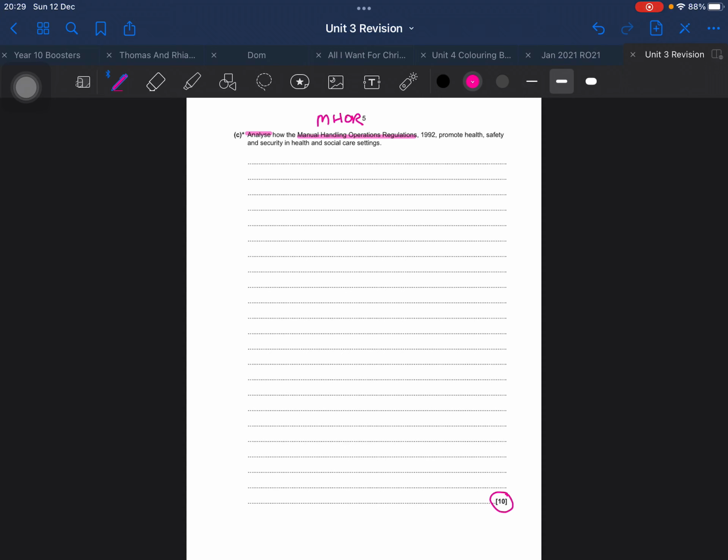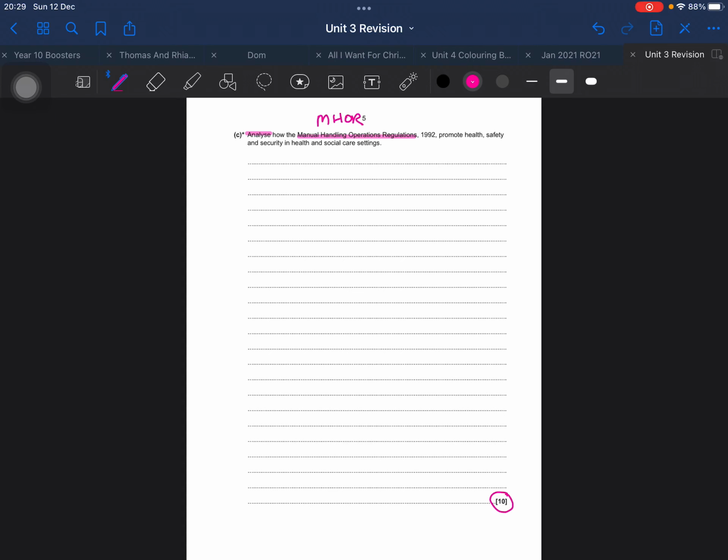So let's have a look at things that we could do, and you could actually put this from a positive or a negative aspect for most of these things. So the Manual Handling Operations Regulations promotes health and safety. That's its job. How does it do that?